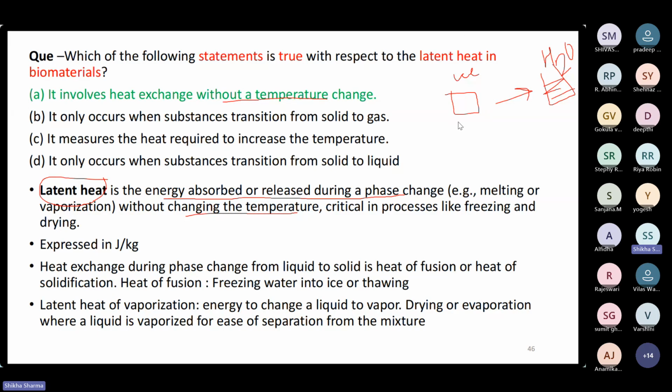Ice can be at a particular temperature and the temperature will be the same, like 0 degree to 0 degree, but the phase is changed from solid to liquid. The state is changed. That is latent heat. When we talk about the heat of a product, that means if a product is liquid at 20 degree and it is heated up to 40 degree, then we are taking specific heat.